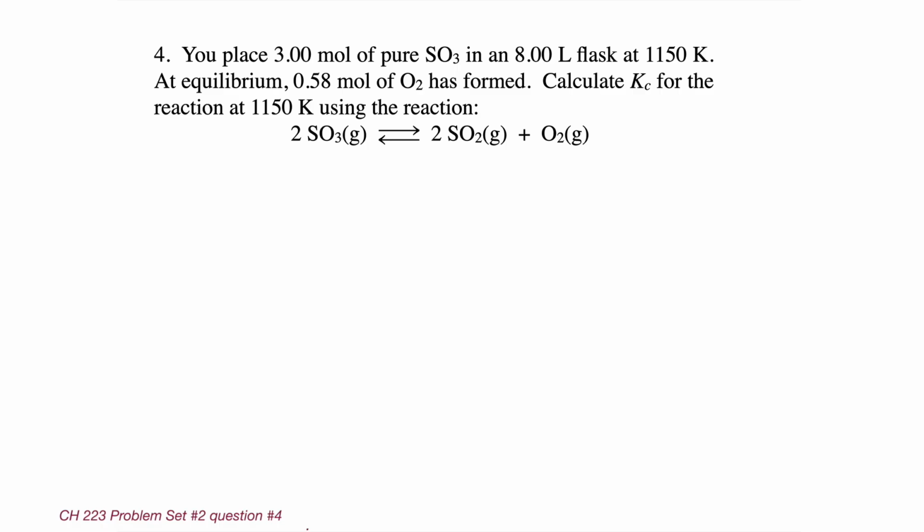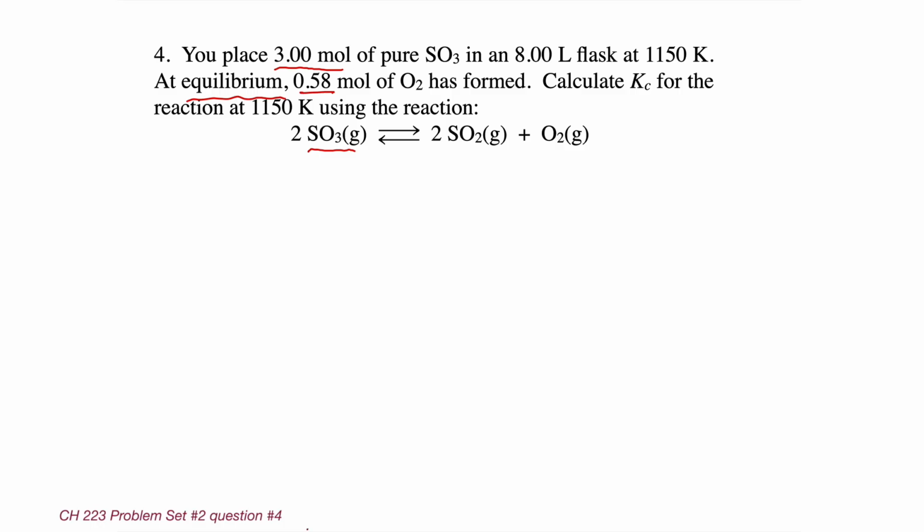Now this is a different kind of problem because we've put so much of a reactant in, SO3, and we want to figure out the value of K based on it. The 3 moles is initial, how much we started with. And at equilibrium, 0.58 moles of O2 have been formed.